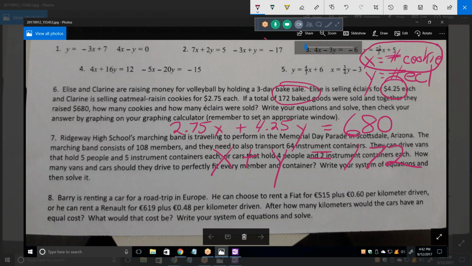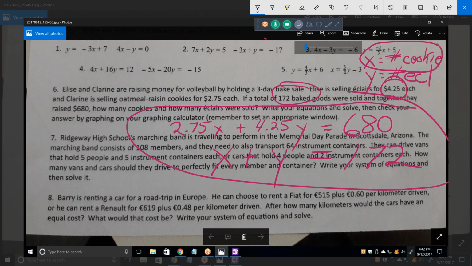Okay? Now, that is not the same as the first equation. That is a separate second equation. So if I can solve this system of equations, then I will know precisely how many cookies I sold and how many eclairs I sold.